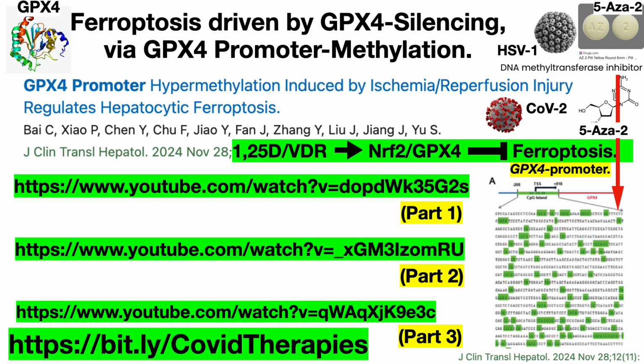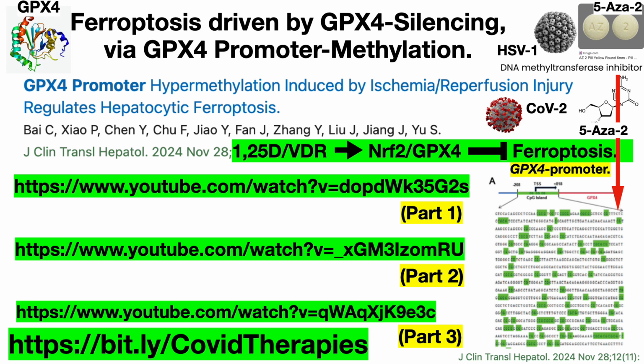Finally, in closing, I would like to encourage you to visit other YouTubes on this channel. Here is a series that discusses ferroptosis driven by the silencing of the gene which encodes GPX4, glutathione peroxidase 4. And this silencing is mediated by hypermethylation of the GPX4 promoter.